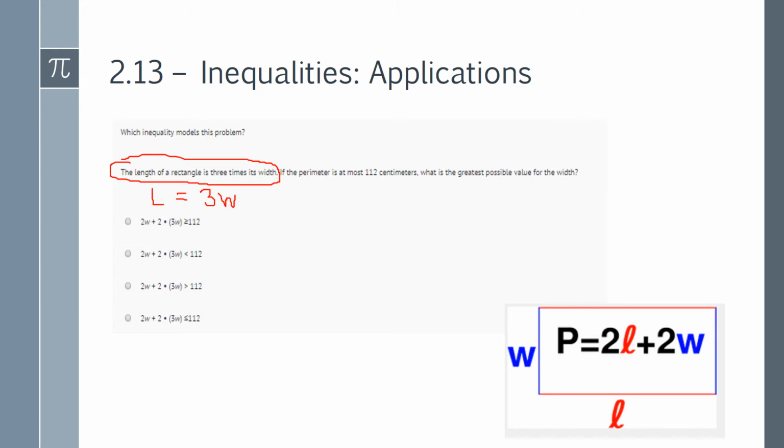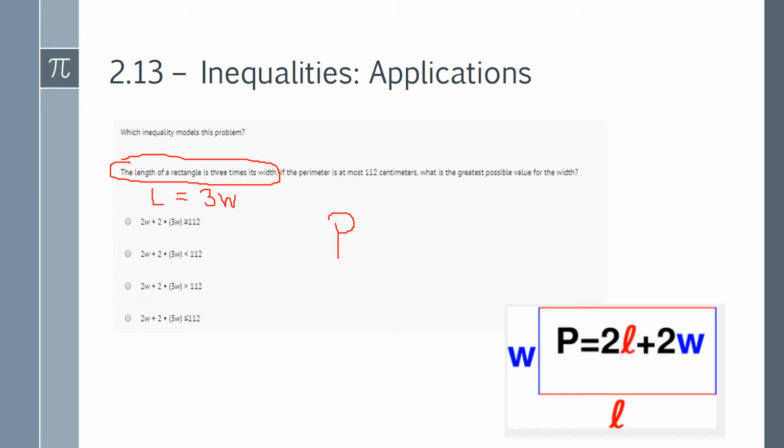If the perimeter is at most, okay, so what symbol represents is at the most? Hopefully you saved. So at most means the greatest number it could be is 112.